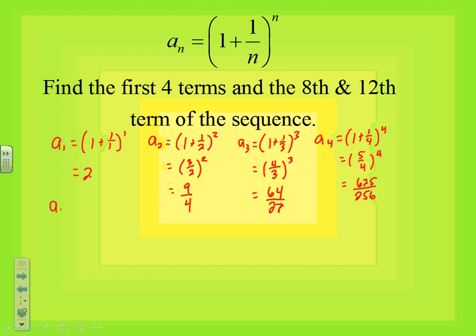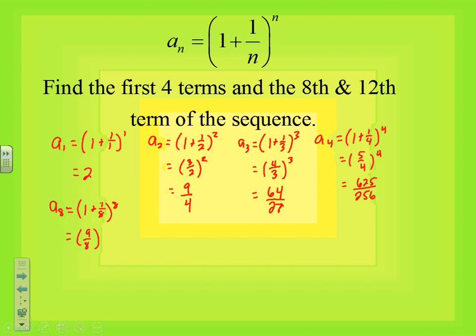So here, the 8th term of the sequence will be 1 plus 1 over 8 to the 8th power. Now at this point, if you combine your like terms in the parentheses, 1 plus 1 over 8 is going to be 9 over 8.